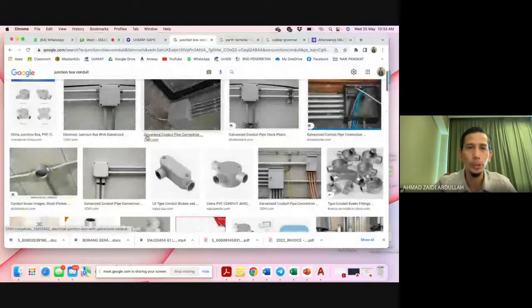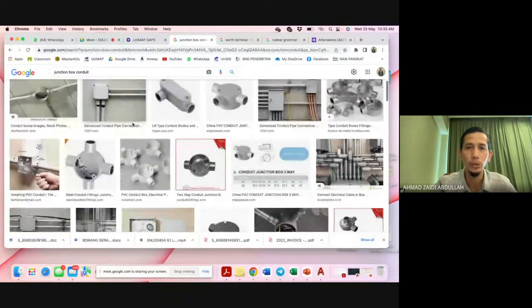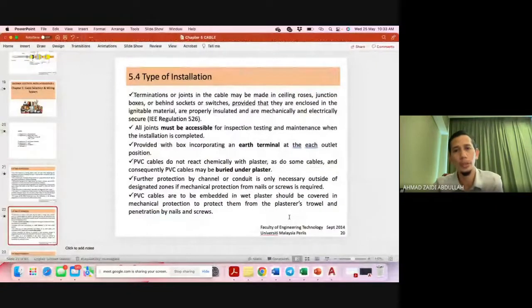So you cannot put it on the direct conduit or trunking. So you must make sure that jointing tu must be provided with the macam ni lah bentuk dah, conduit junction box we call it. Okay, so for easy measurement and also what we call it inspection testing.